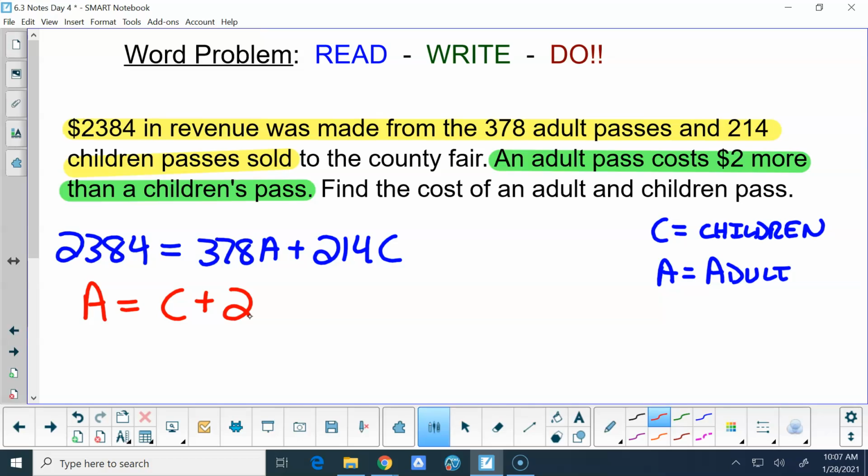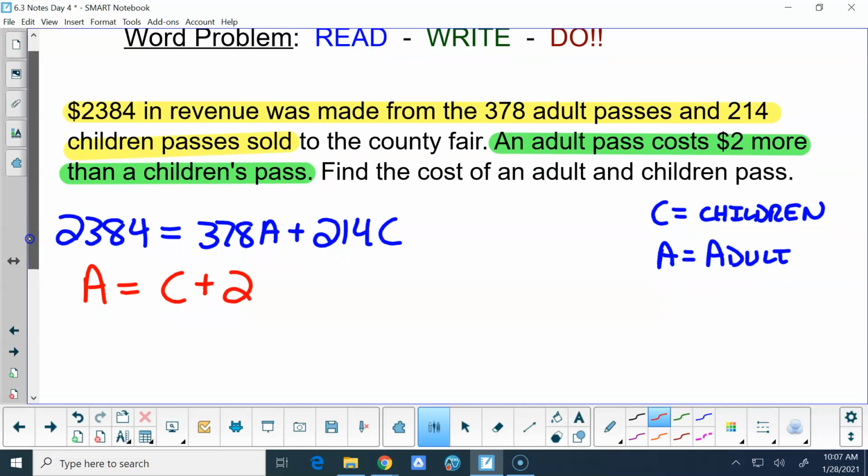Now we've got to solve it. Looking at our system, what is set up automatically for us? Substitution is already set up for us. So let's use substitution to solve it.